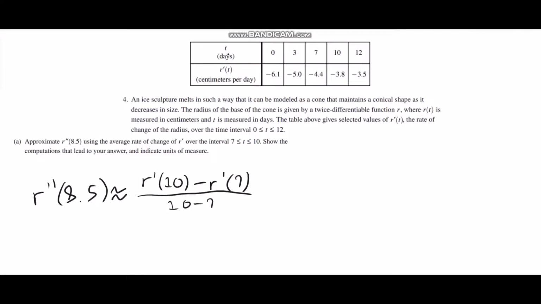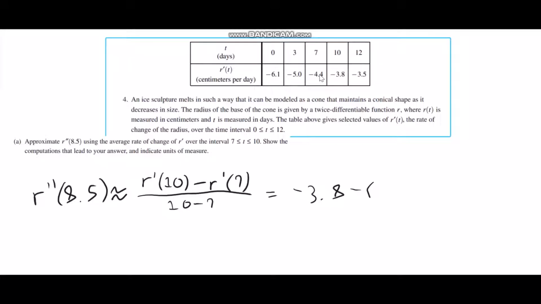Now let's plug in these values. r prime of 10, from the table right here, is negative 3.8. Then we subtract r prime of 7, which is this one right here, negative 4.4.